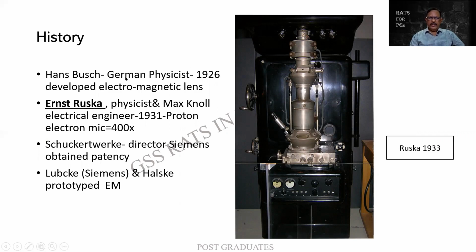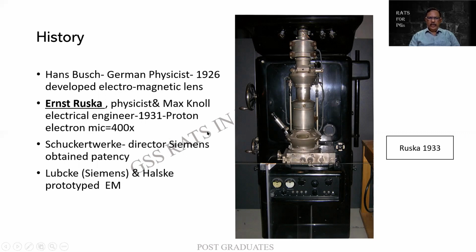He was a German physicist who identified the electromagnetic lens, from which a couple of people, Ruska and Knoll, one is a physicist, another is an electrical engineer, who had identified the electron microscope. And it was called the proton electron microscope, which could magnify things up to 400 times. This was the prototype of the electron microscope.